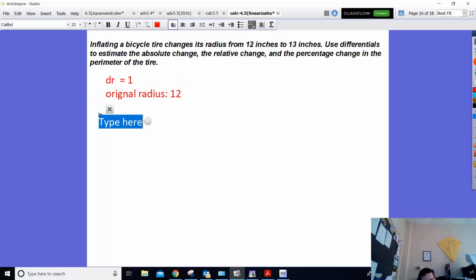We already have a formula too, because we just did it on the previous slide. The differential of the area, or the change in the area, was 2 pi r dr. Wasn't it? No. What's this question about? Perimeter. They use the word perimeter, which is better known as circumference, is what? 2 pi r.